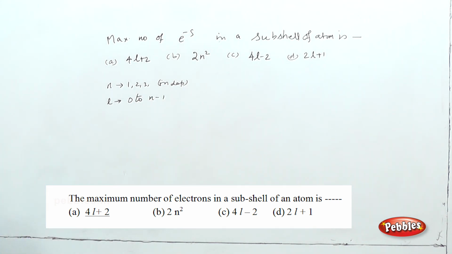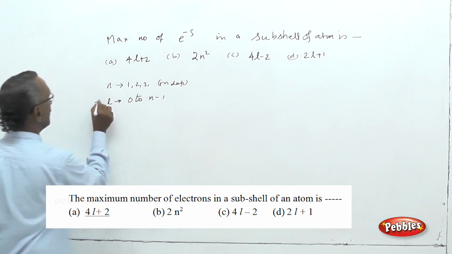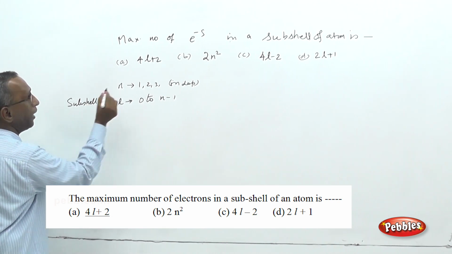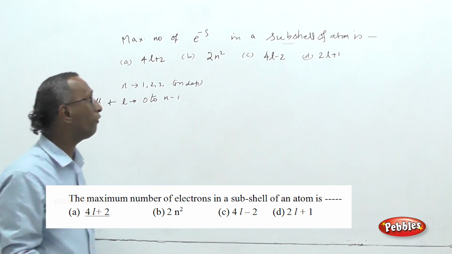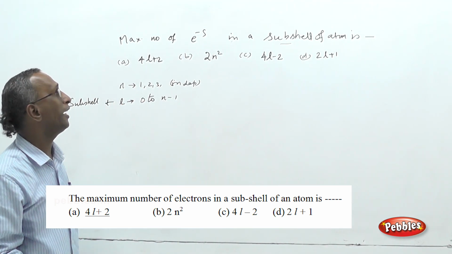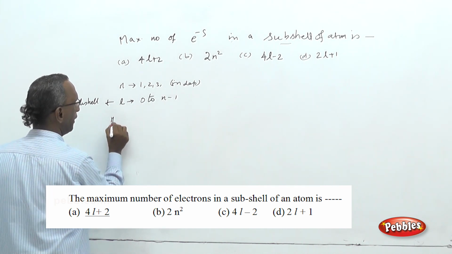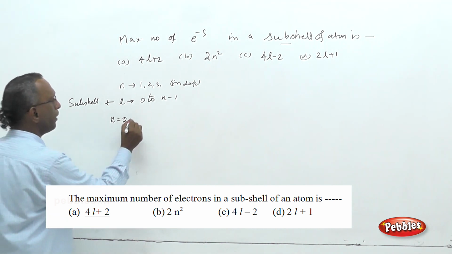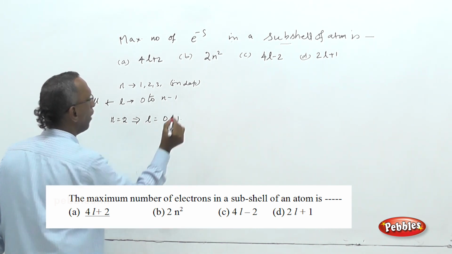Here l represents the subshell. Azimuthal quantum number is a measure of the subshell in which the electron is present. What is meant by 0 to n minus 1? Let us fix n equal to 2. n equal to 2 means l values 0, 1.